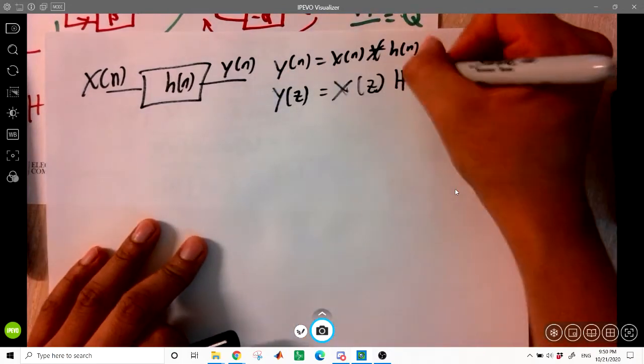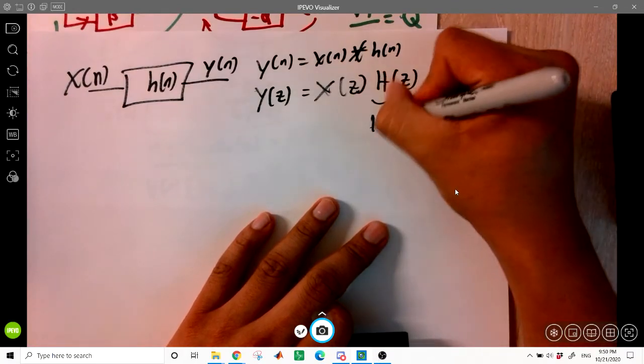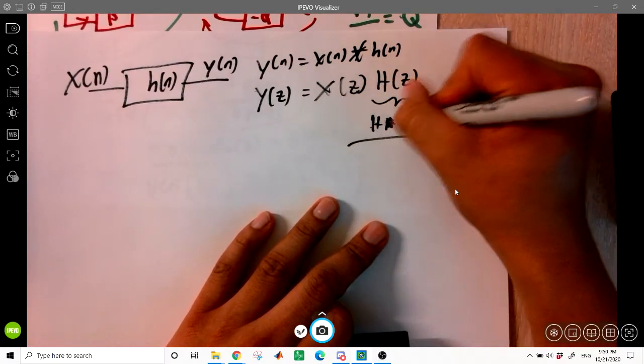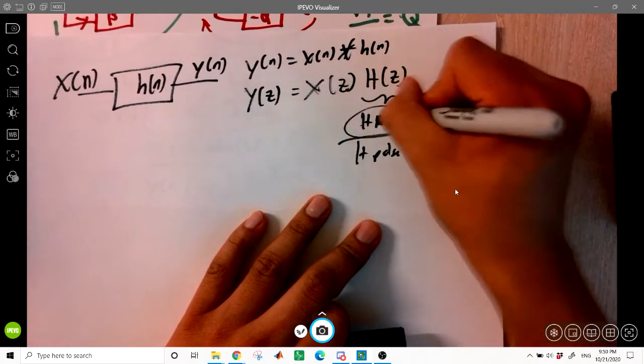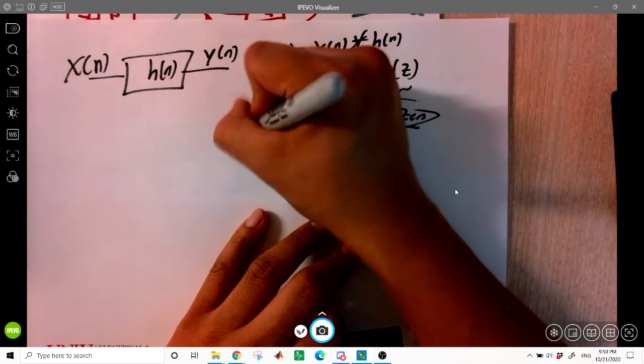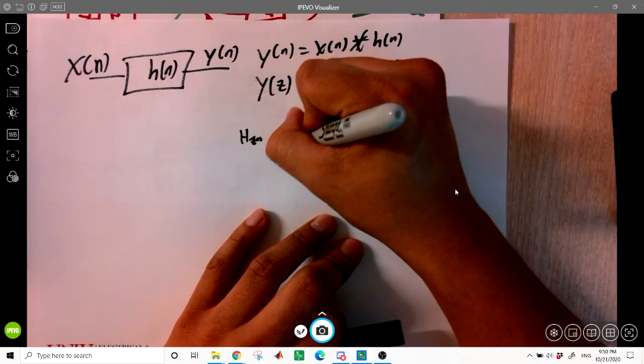Notice that this right here is equal to our H zeros and our H poles. So we can just split this up into H zeros times H poles.